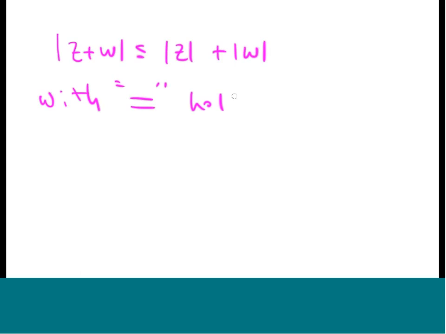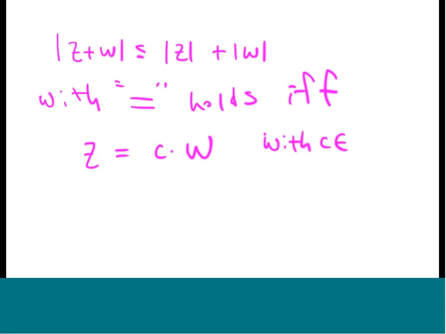So if and only if Z equals C times W, if they're parallel, right? Parallel exactly, where C is some real number. Get it? So essentially it's like this.